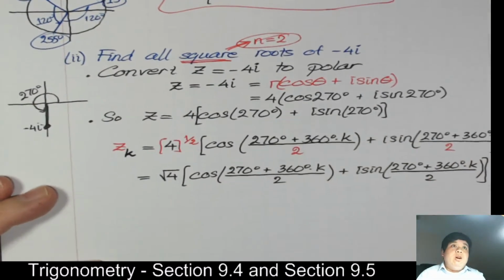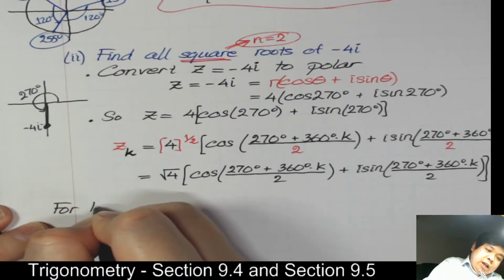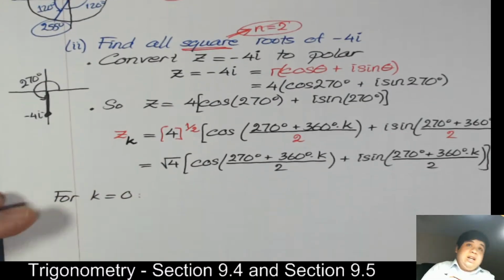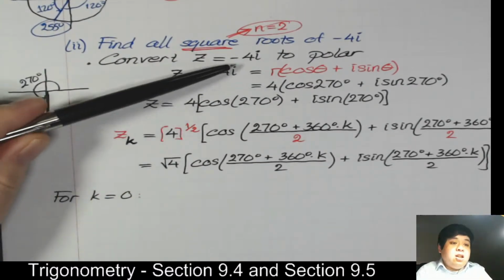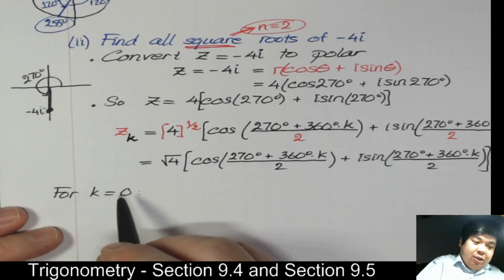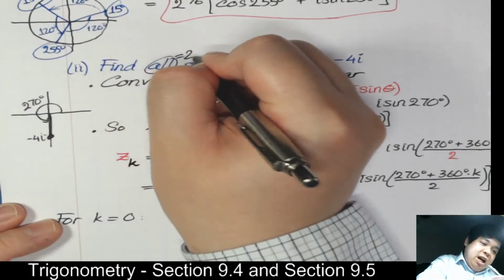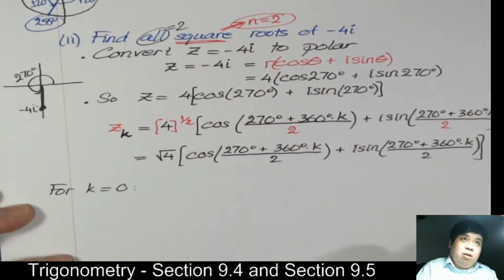So we write the general formula first, and then we choose k equal to 0 and k equal to 1. Since this is the square root, we need 2 of them, so k goes from 0 to 1. If we have a cube root, there are 3 of them: 0, 1, and 2.